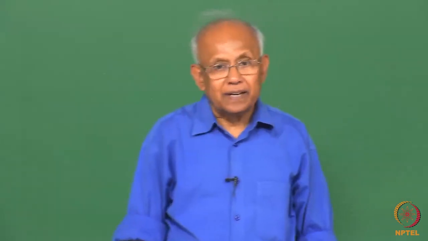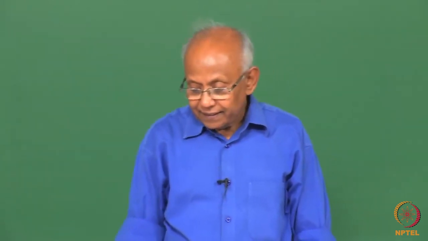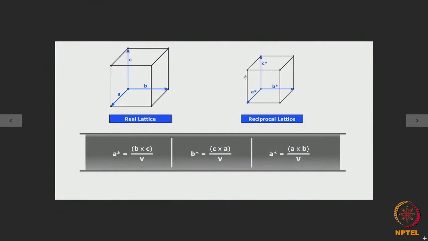Now, quite arbitrarily, it has been chosen that if this unit cell belongs to a lattice which is reciprocal to this unit cell in the real lattice, then the lattice parameters of the unit cell of the reciprocal lattice, A star, B star and C star, will have this kind of relationship with A, B, C, the vectors which define the unit cell in the real lattice.